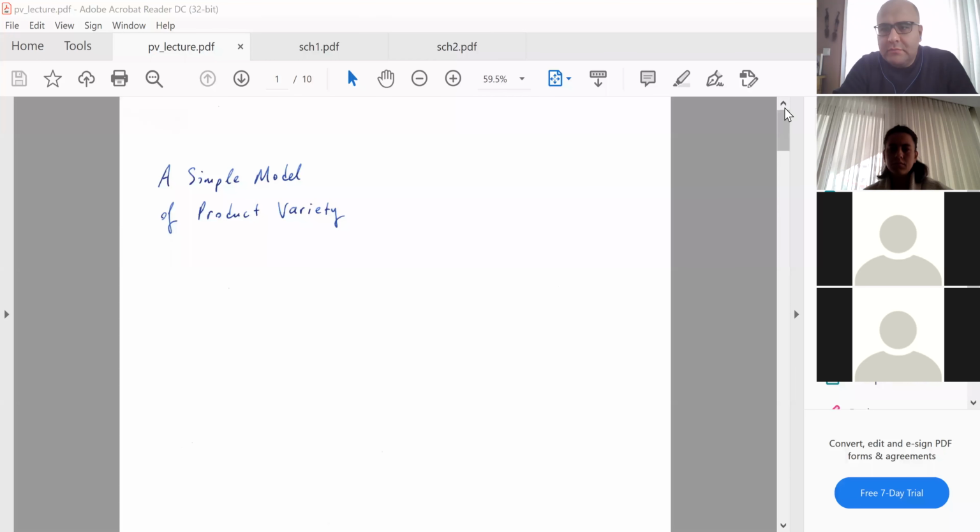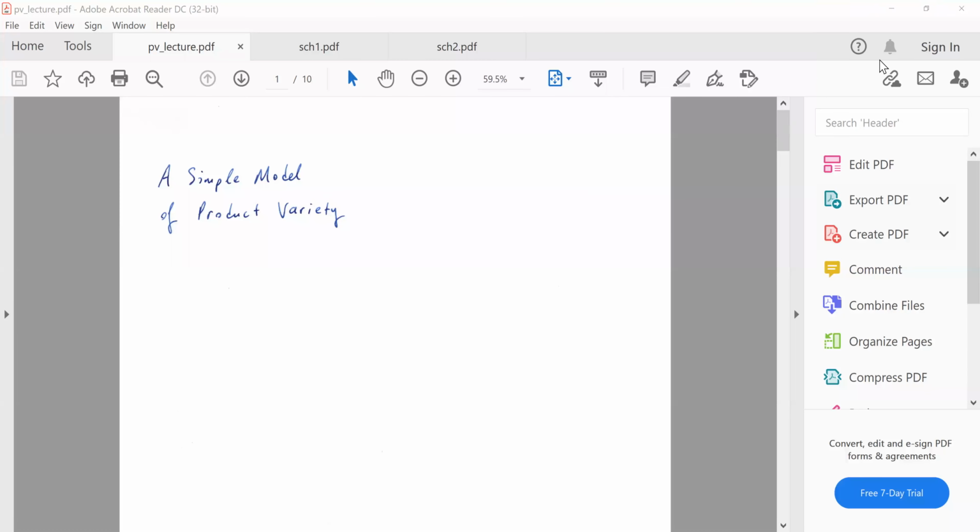So today's lecture will be focusing on some Schumpeterian growth models. I already have some PDFs for this purpose. So first, we're going to look at the simple model of product variety.